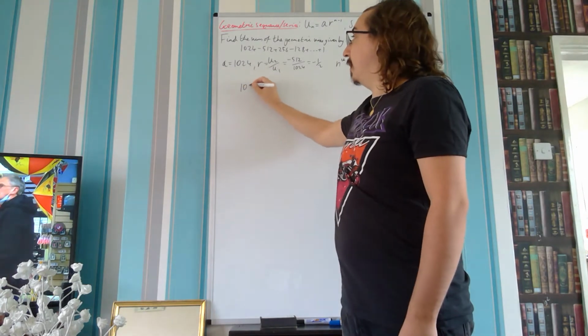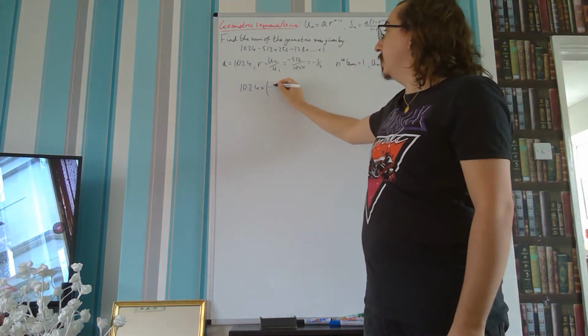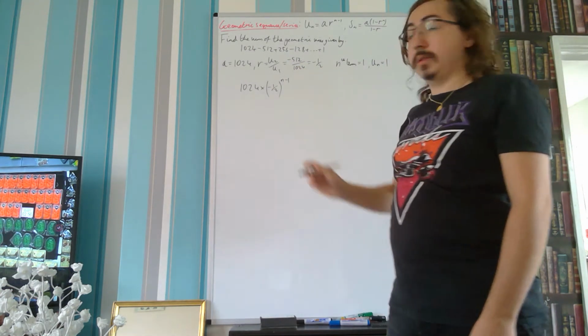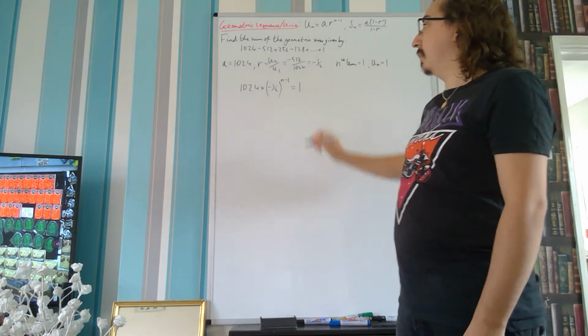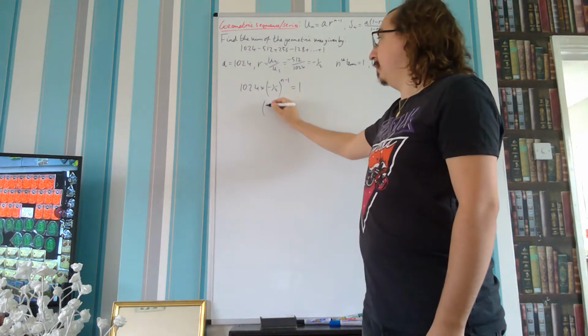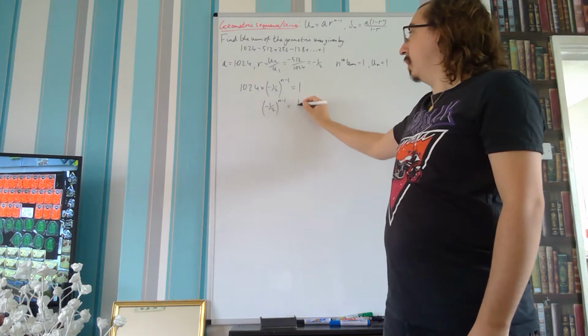So we can say that we have 1024 times our r value, which is minus a half, to the power of n minus 1, because we don't know what n is, but we do know that all of this is equal to 1.